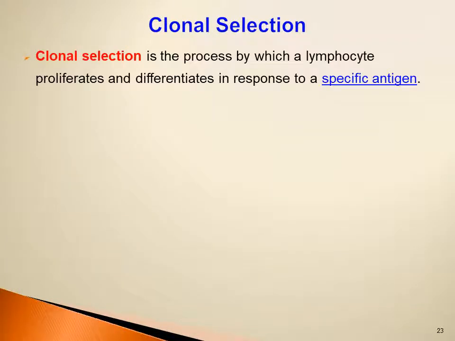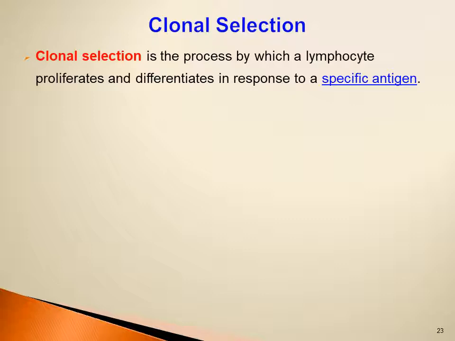There is something called clonal selection. Clonal selection is the process by which a lymphocyte proliferates and differentiates in response to a specific antigen. So the lymphocytes that proliferate in response to a specific antigen are different from the lymphocytes that proliferate and differentiate in response to another specific antigen.